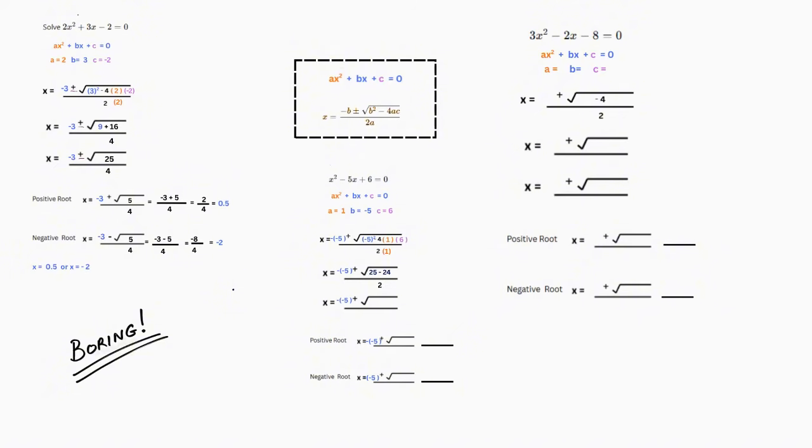Are you with me so far? Substituting in. And then at the bottom, it's always 2, and we're going to times it by our a, which is 2.